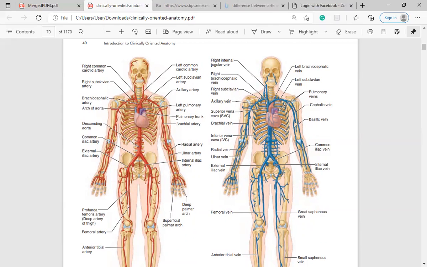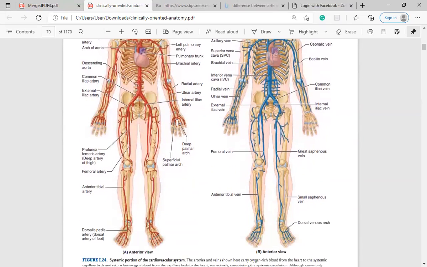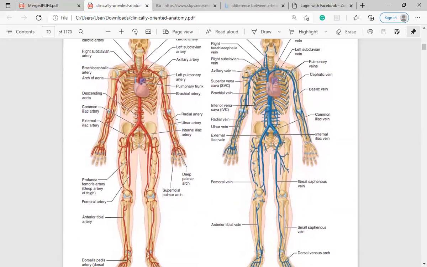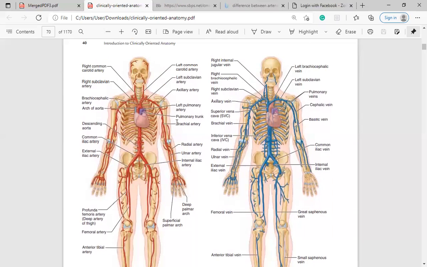Now I'm going to take you to the quiz where you will answer some questions related to this diagram that we just discussed. I'm going to share my screen with you again. Give me 1 minute.